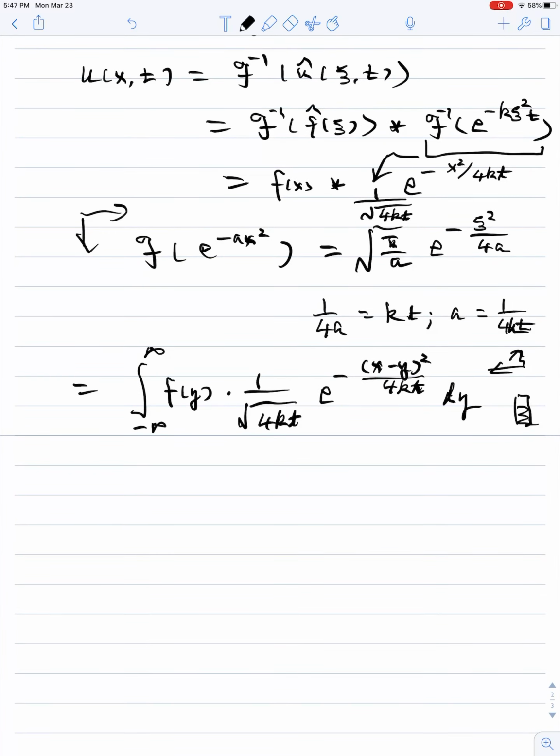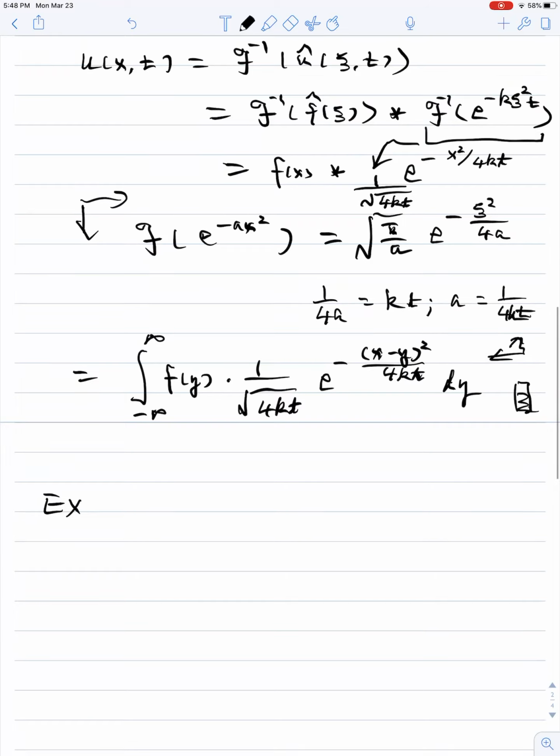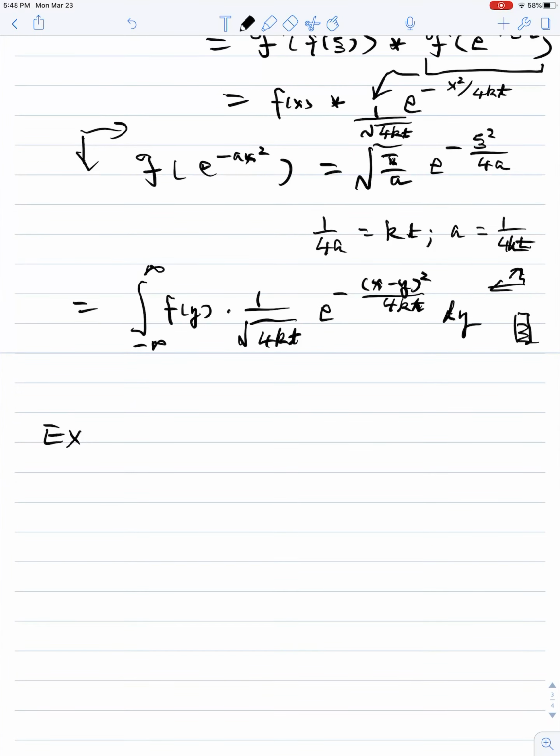Okay, so let's look at another example of how to use the Fourier transform to solve a PDE.